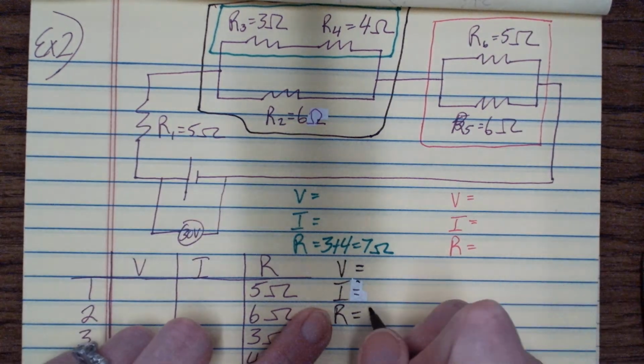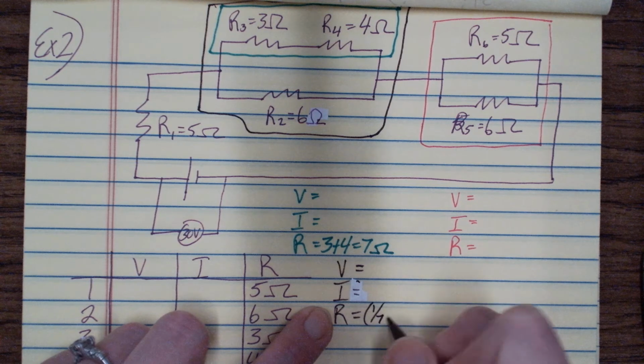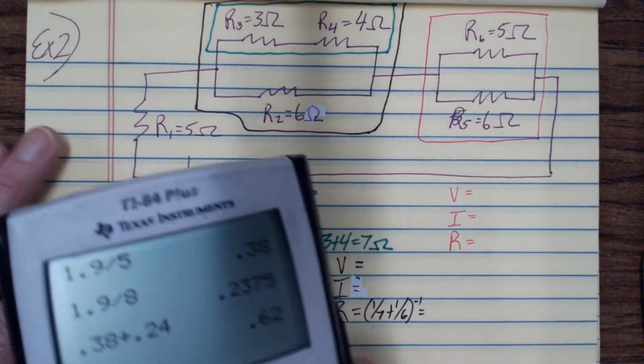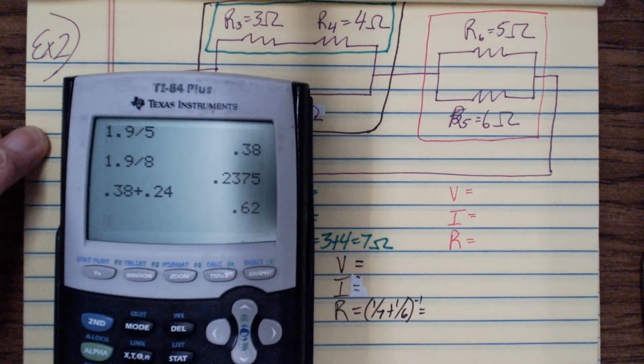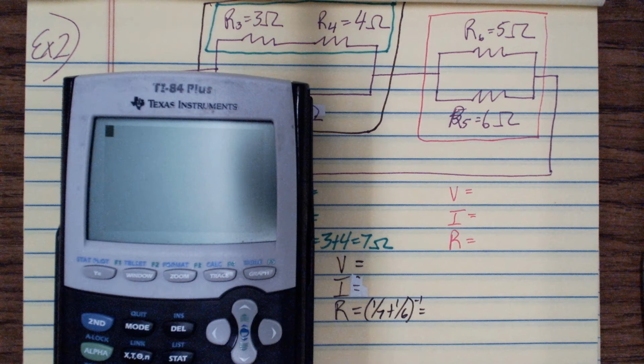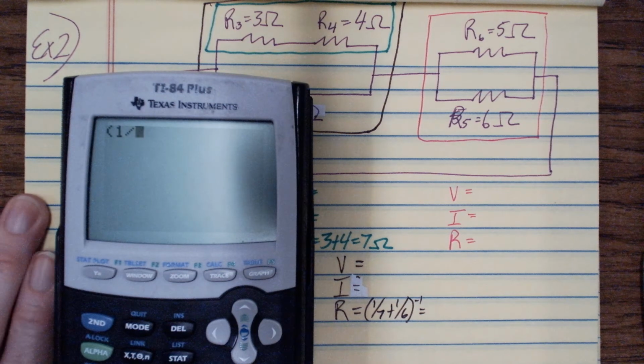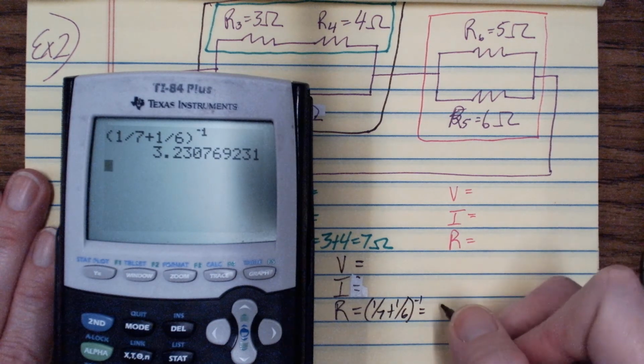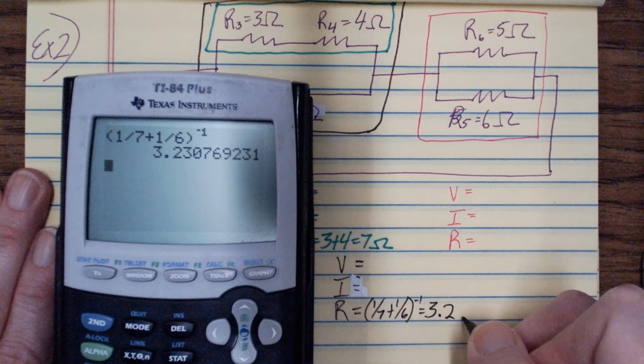So then I would have 1 over 7 plus 1 over 6 and reciprocate. There we go. All right, so it's about, let's go with just 3.2 is good enough for me. Ohms.